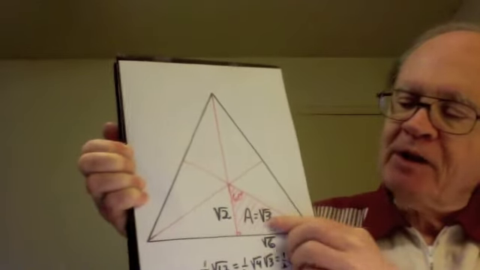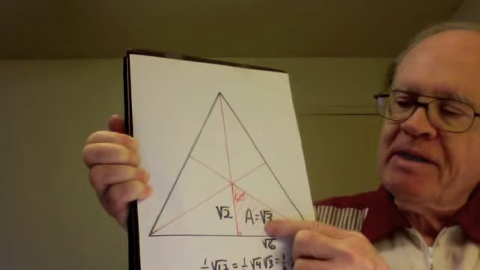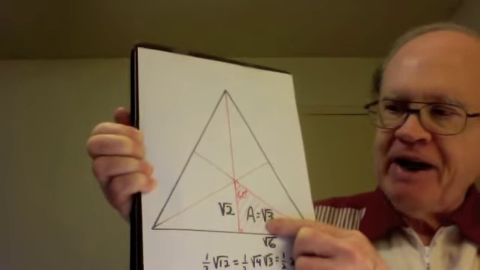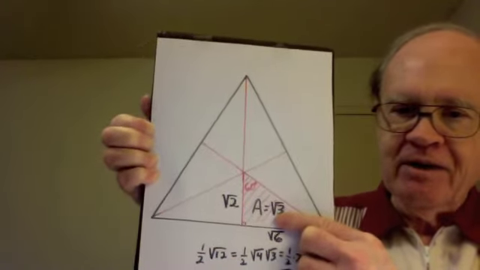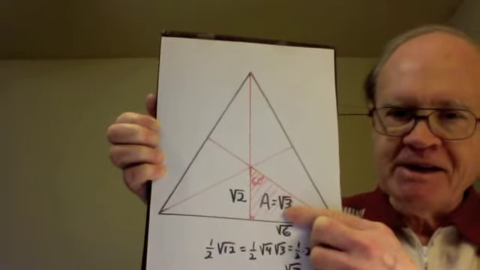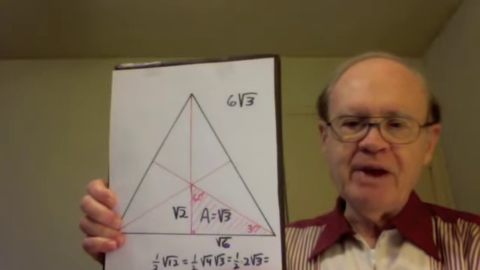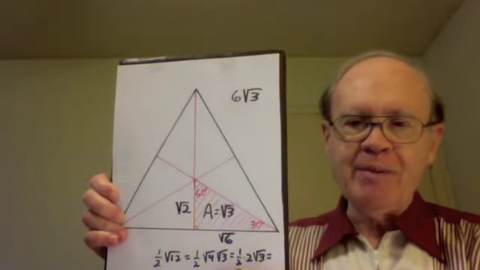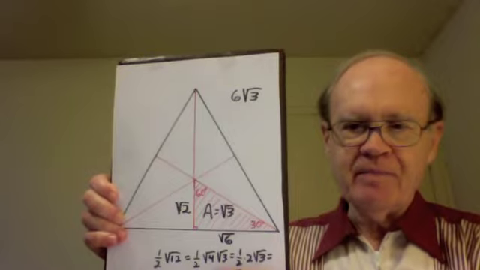So we simply multiply this area, root 3, by 6 to get the area of the entire triangle. That means the area of the entire triangle is 6 times the square root of 3. That will be the denominator of our probability fraction, 6 root 3.